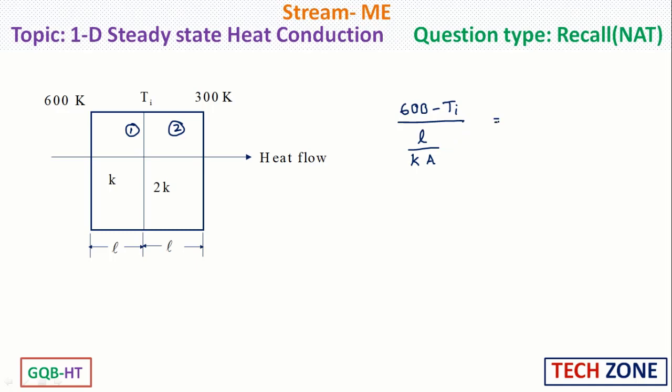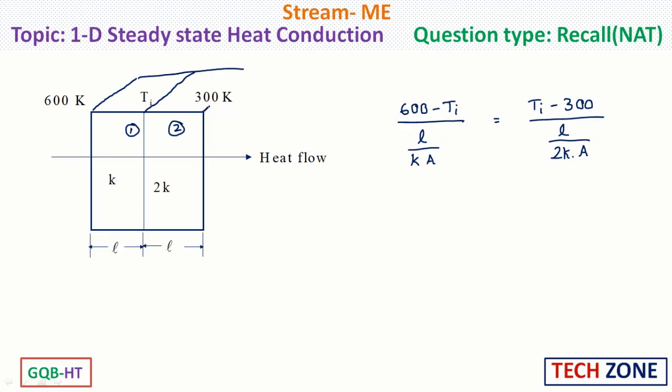So this will be equal to Ti minus 300 divided by L by 2K into A. So here we need to consider the area that is perpendicular to the heat flow direction. So when we take the heat flow direction in this way, the area perpendicular to the heat flow direction will be equal for both the slabs.